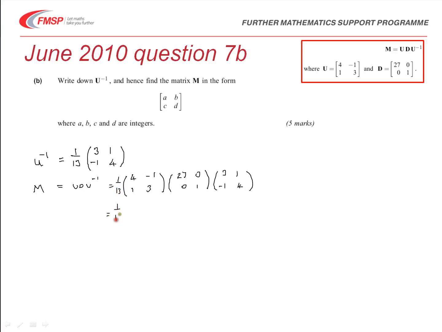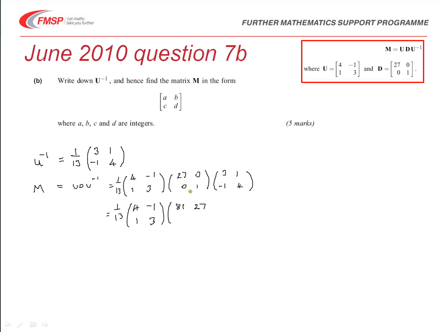So working from the right hand end, we first multiply row by column, so it's 27 times 3, which is 81, and 27 times minus 1, so it's still 81 in that entry. Then it's 27 times the 1, 0 times the 4, so that'll be 27.